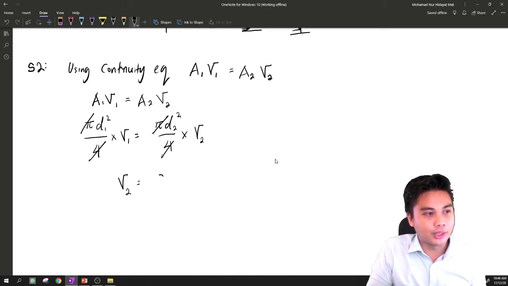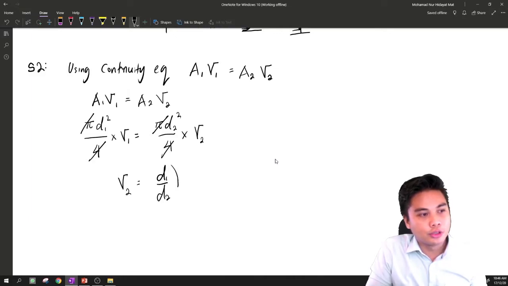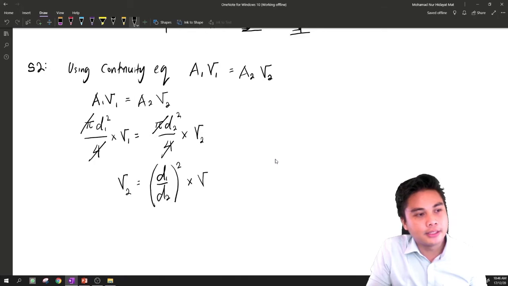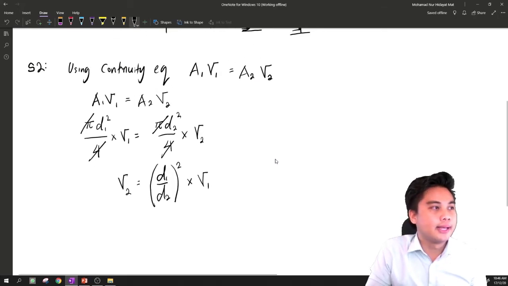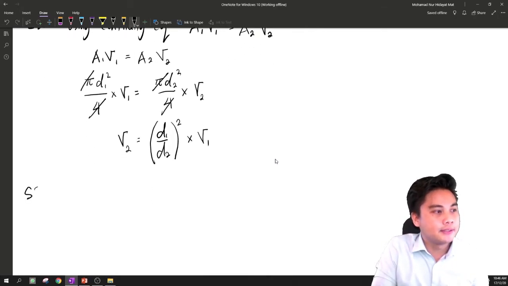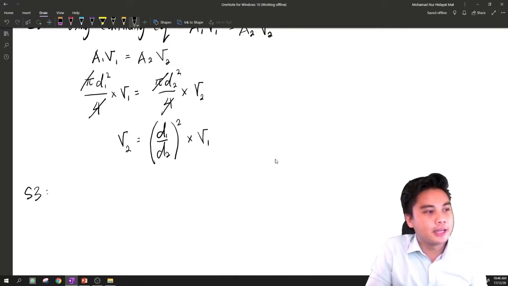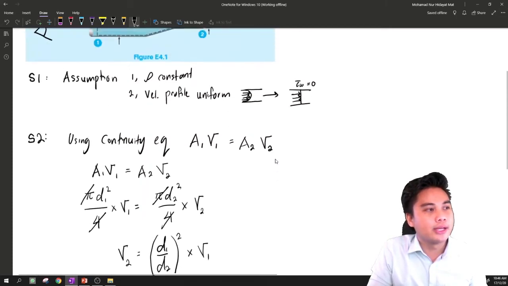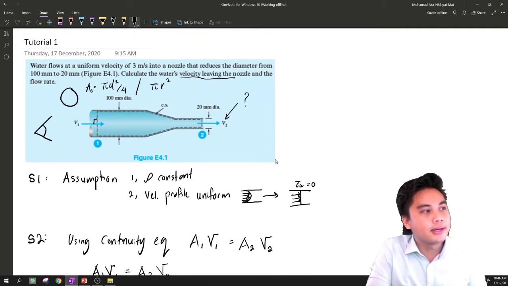The final equation is d1 over d2, in brackets, because this is the same power, we factorize the power of 2, multiplied with velocity 1. Then step number 3, substitute the values. So velocity at point 2 leaving the nozzle: diameter 1 is 100 mm.